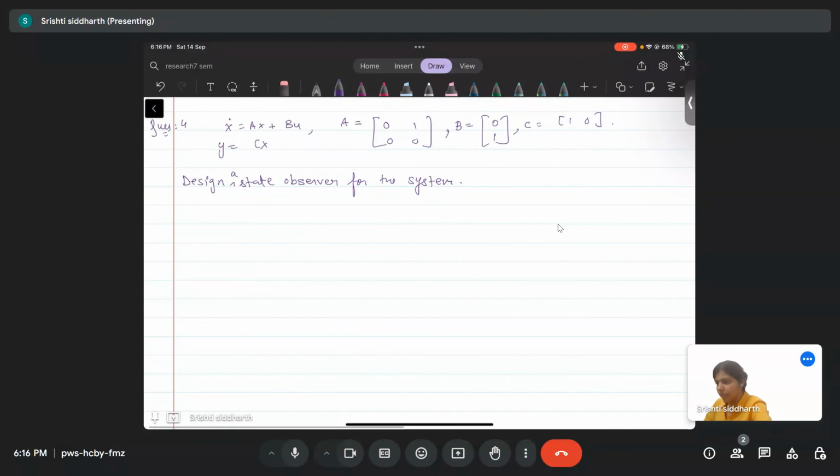Alright, so let's see. Given that the observer poles are located at s equals minus 10, minus 10, now we know what the desired characteristic equation should be.